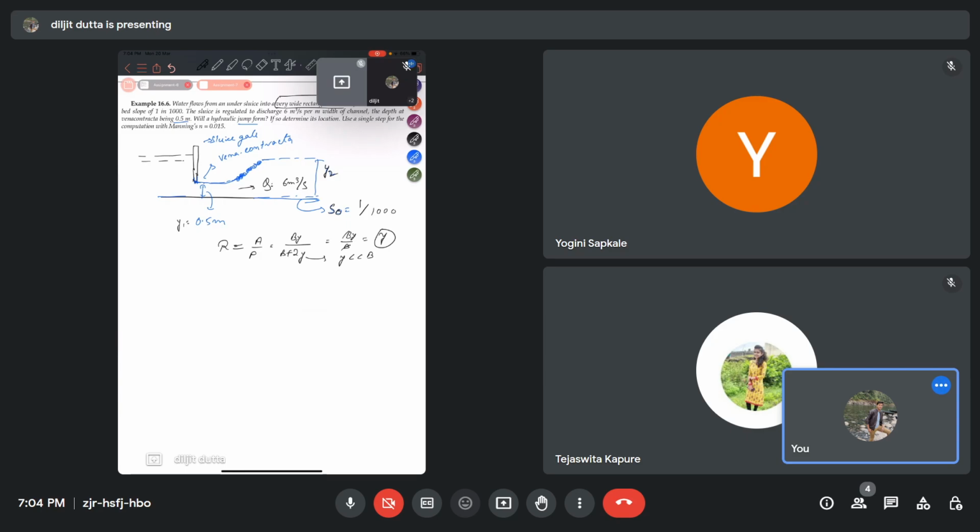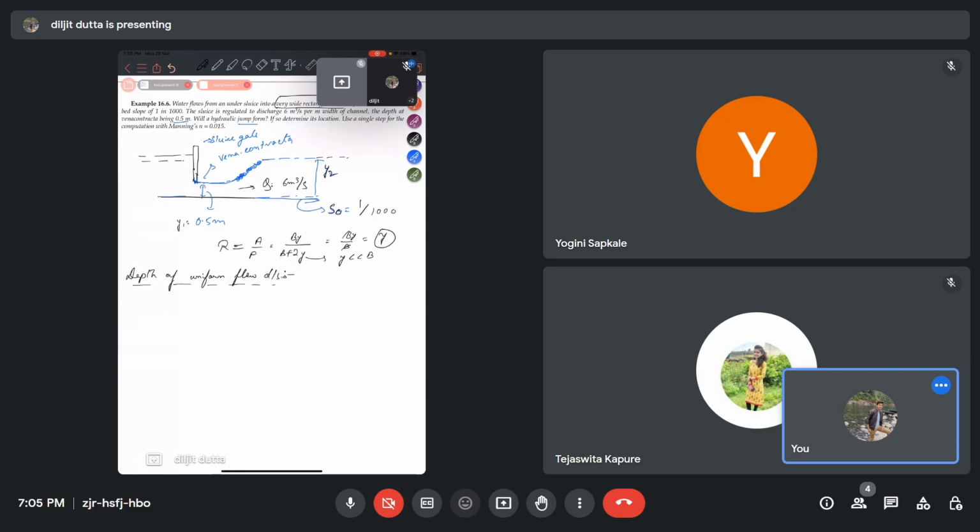So now let us obtain the normal depth of the flow, that is, considering uniform flow in the downstream section. What is the depth of uniform flow there?